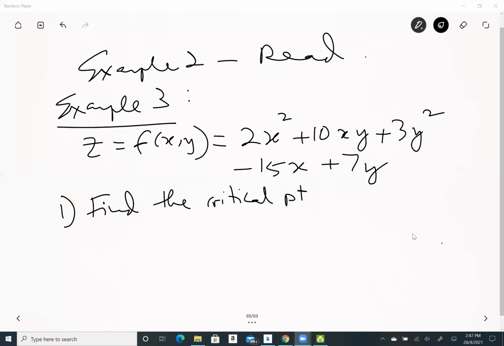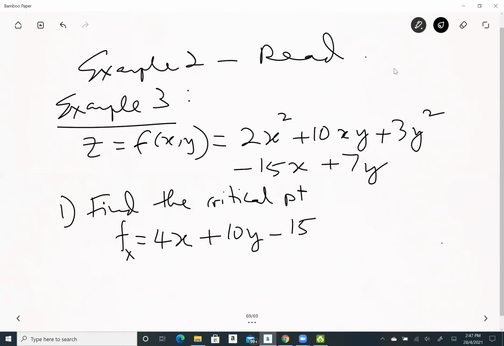What is it? You have a system of linear equations. Is that right? So if you get the partial derivative, what do we have? We have fx. What is fx? Fx equal to 4x plus 10y minus 15.